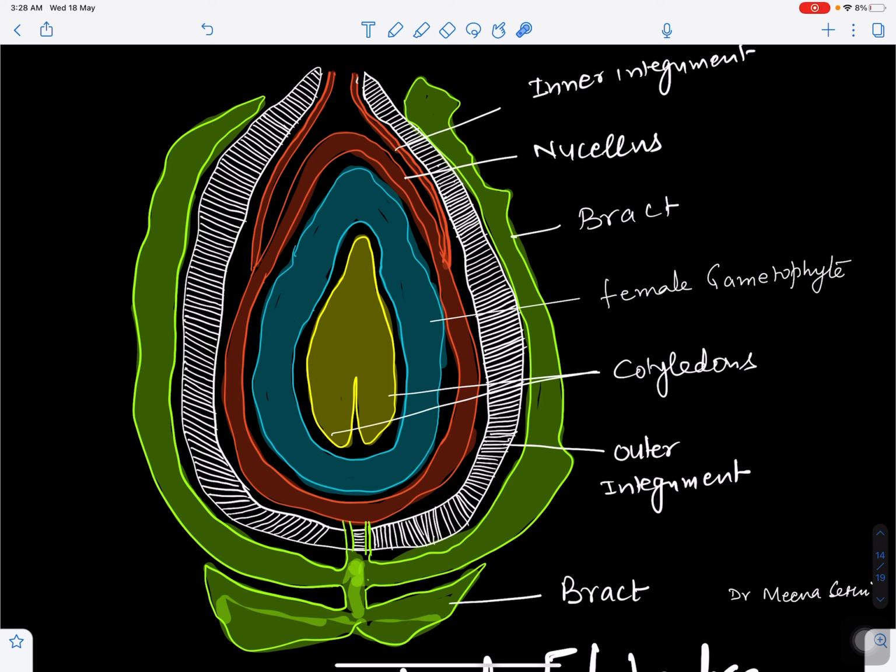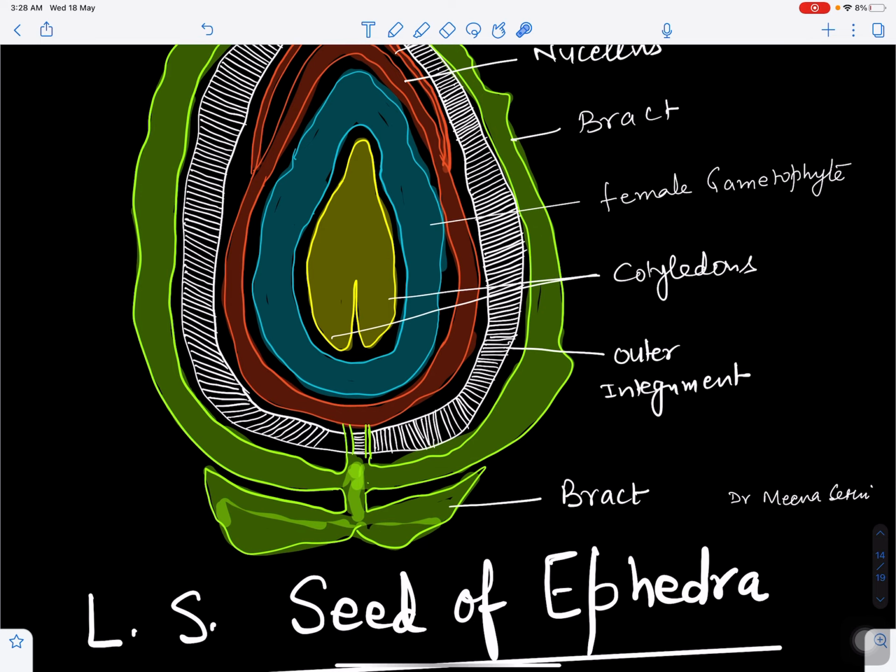Again I'll repeat, this is the mature embryo part, this is the female gametophyte, this is the nucellus, in which the female gametophyte develops, this is the inner integument, and this is the outer integument, and this is part of the strobilus bracts. They become fleshy and cover the seed. So this is the longitudinal section of the seed of Ephedra.